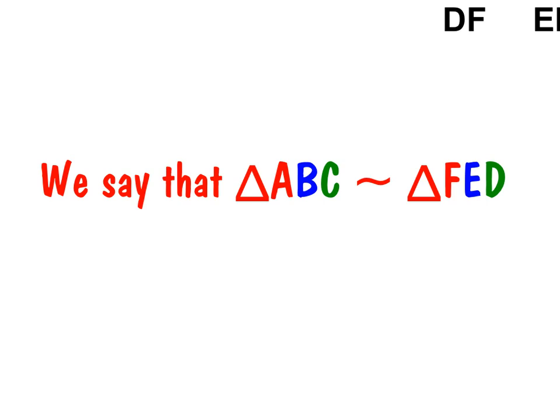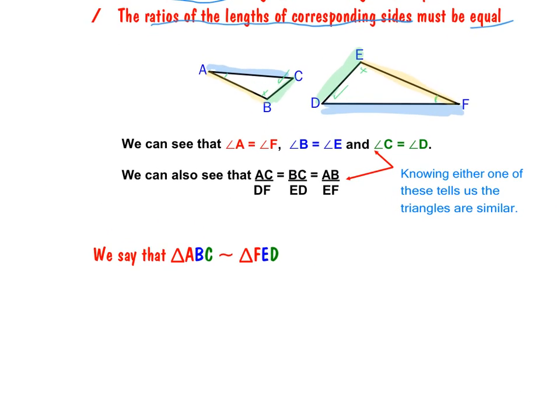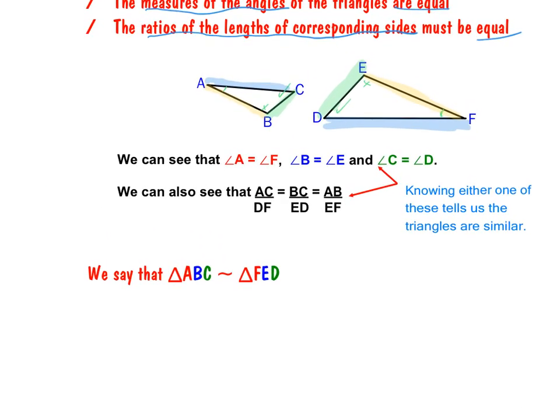Now, when we write out the similarity statement, order matters. So what do I mean by order matters? Well, let's look back at our triangle here. In our triangle, we can see that angle A is equal to angle F. So the first letter mentioned in this triangle is A. And because F is the same as A, F is the first one mentioned in the second triangle as well.